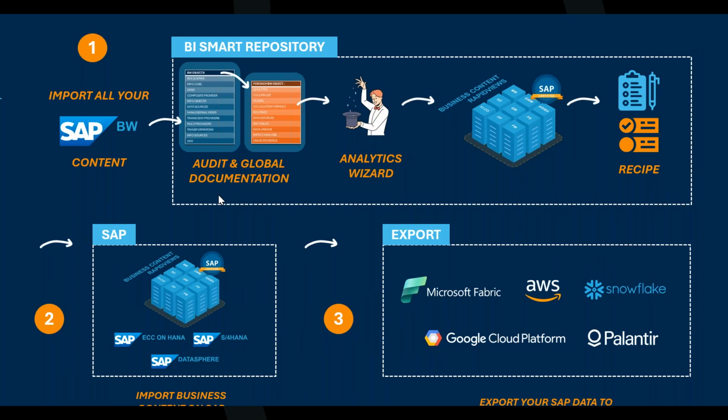For example, if you want to convert a BEx query, you will maybe have 80% of the BEx query converted into CDS views, and you have only 20% to do at the end, okay? And after that, you can import your business content on the platform you use and export it to a data lake.